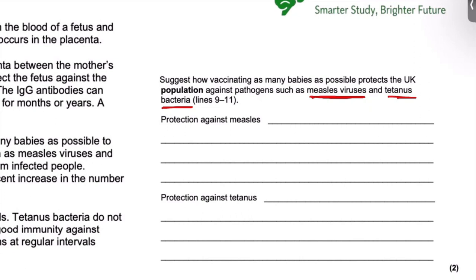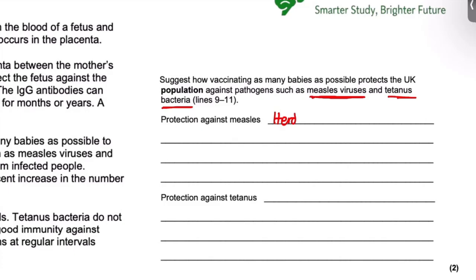So if you vaccinate babies, that means herd immunity can be achieved. Okay, herd immunity can be achieved, which means that this will reduce the spread of the measles virus within the population.